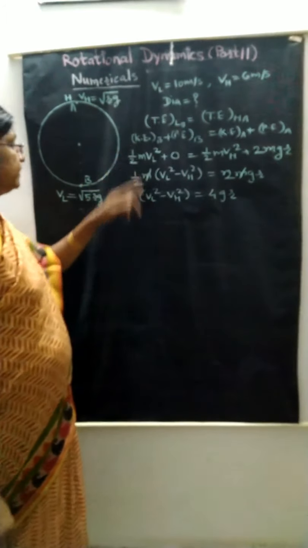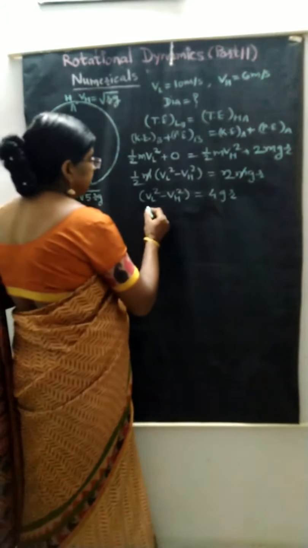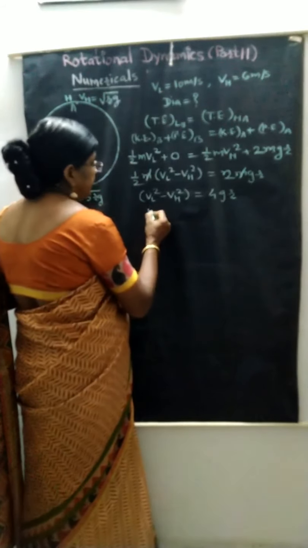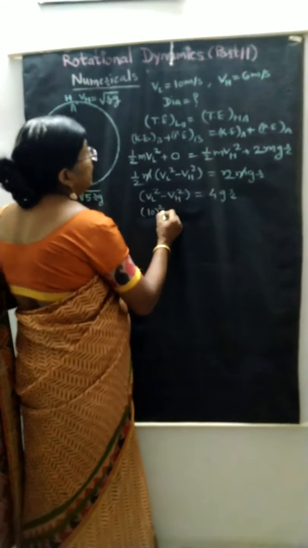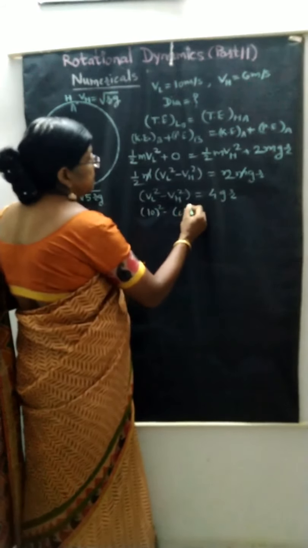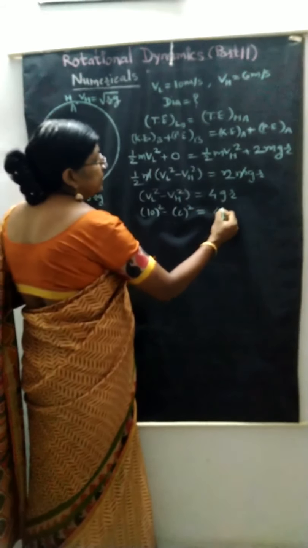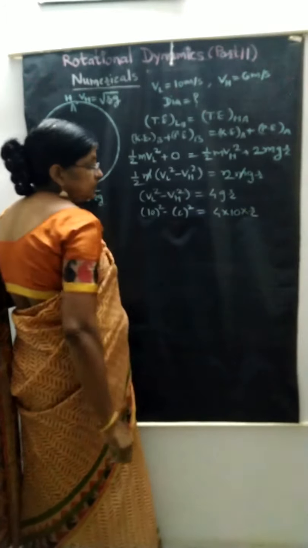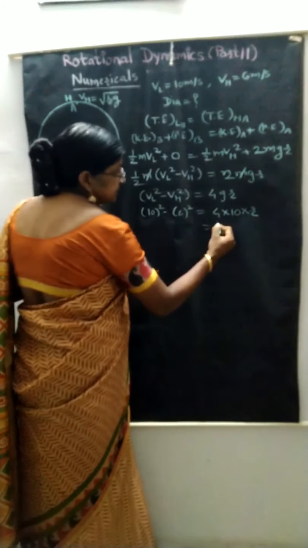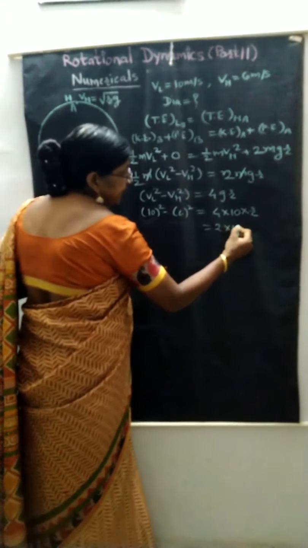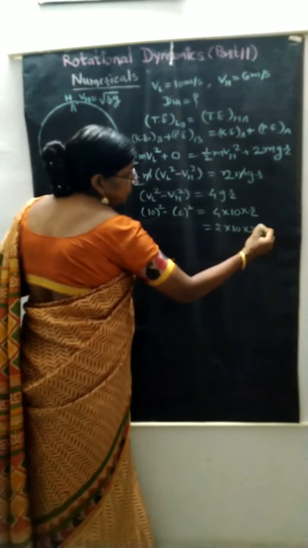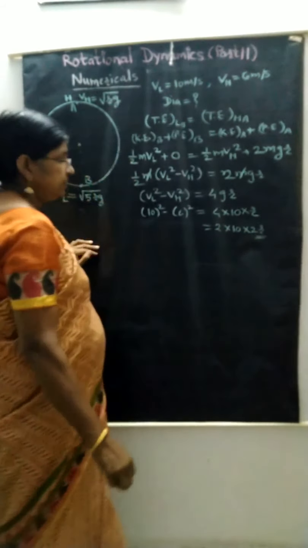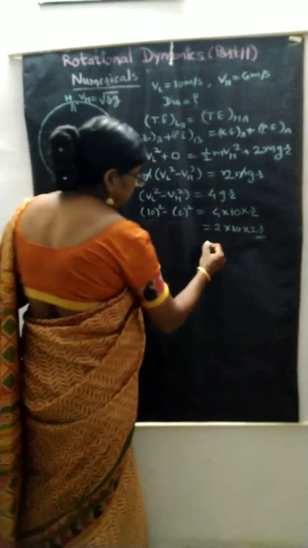Now VL is given as 10 meter per second. So square of 10 minus square of 6 is equal to 4 times 10 into r is not known. Let us write this as 2 times 10 into 2r because it is diameter. So it is equal to 20.